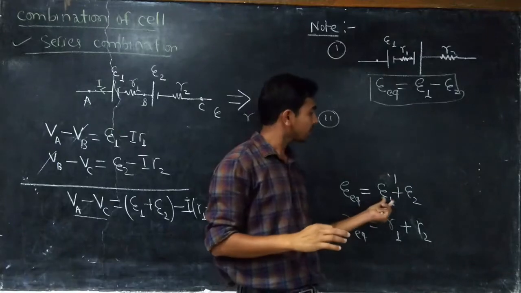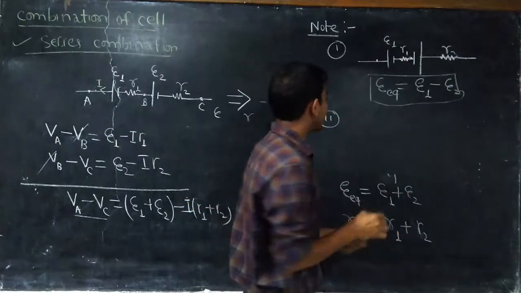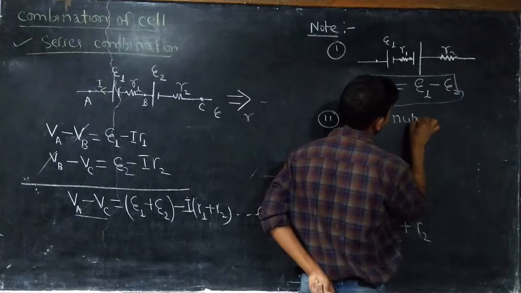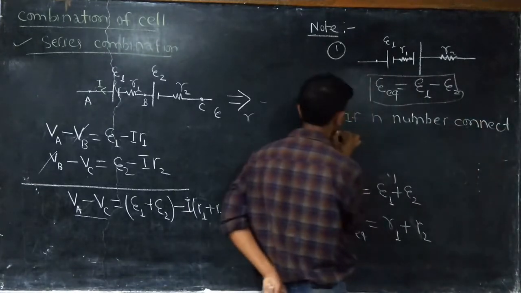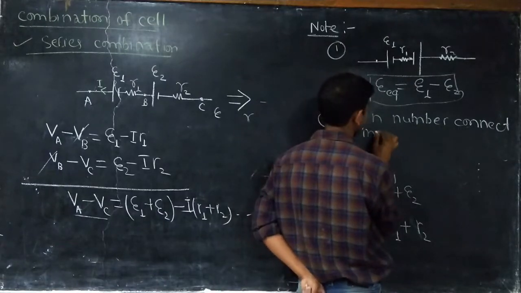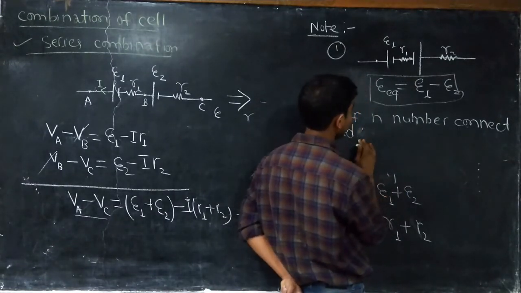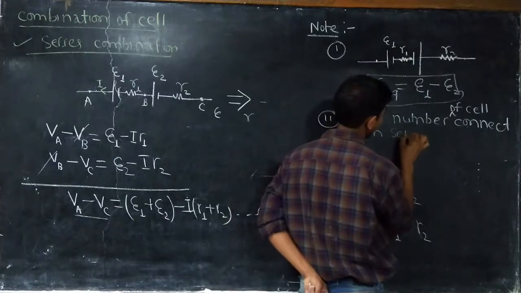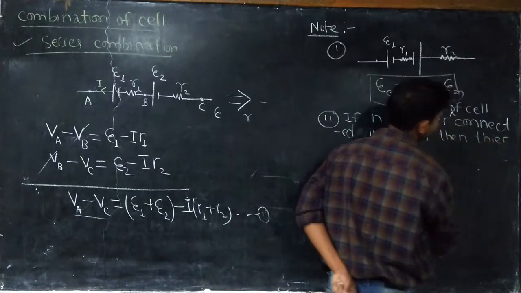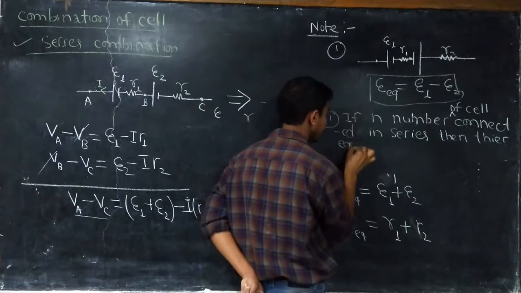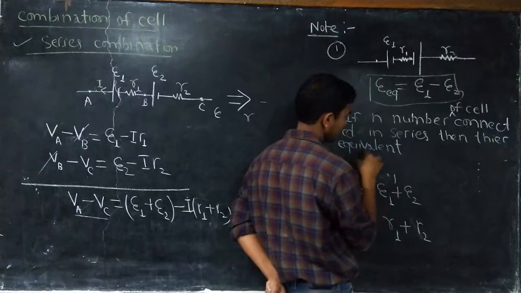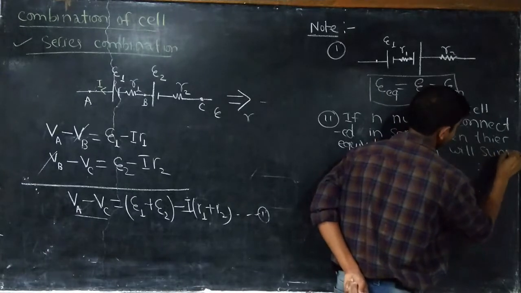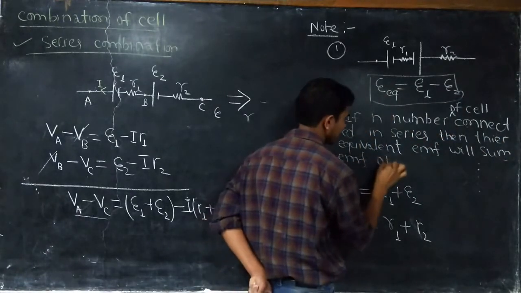So we can write: if n number of cells are connected in series, then their equivalent EMF will be the sum of the EMF of the individual cells, right?